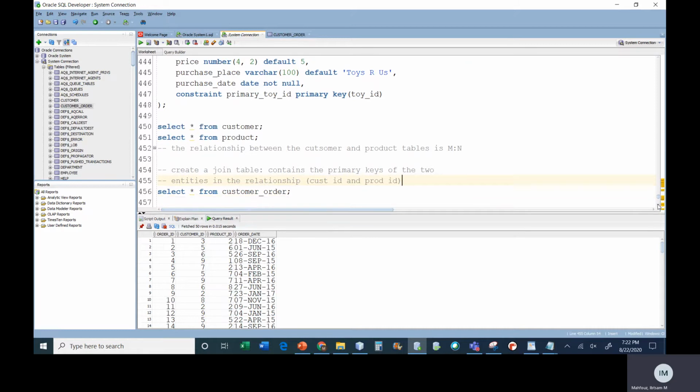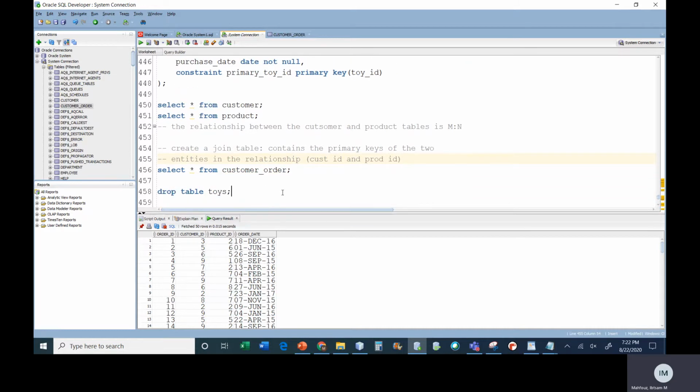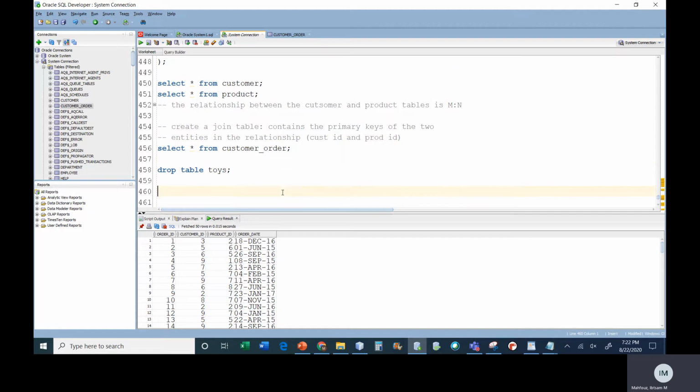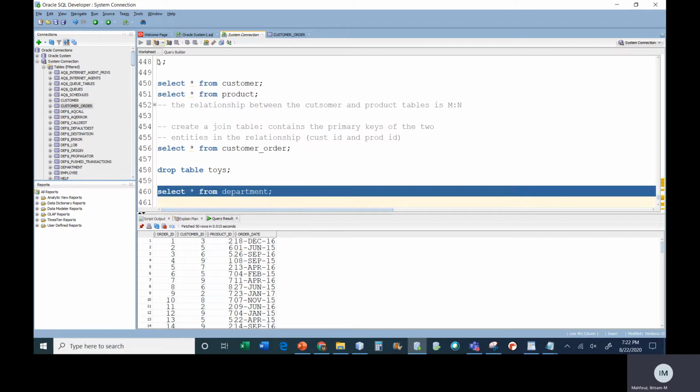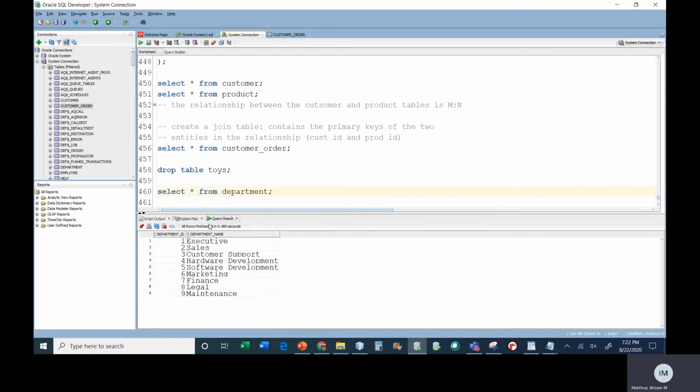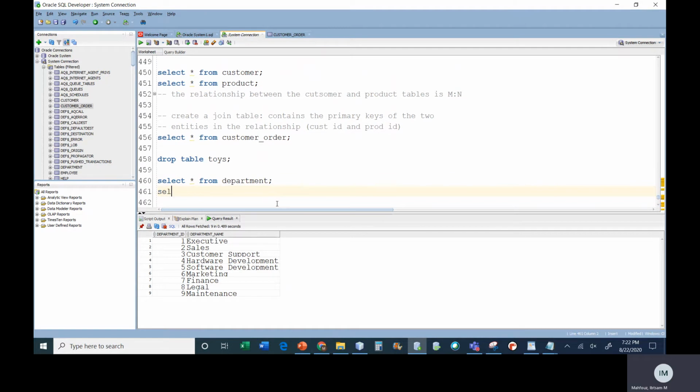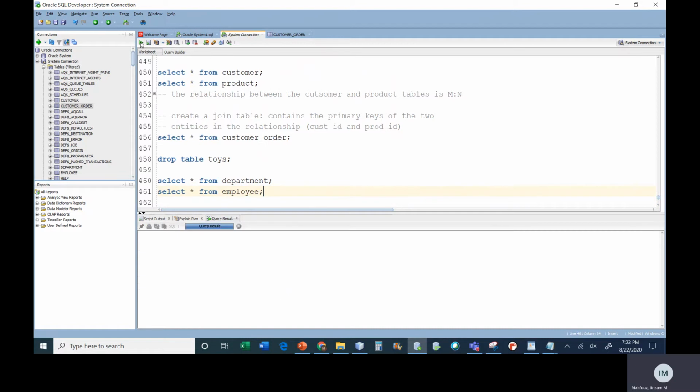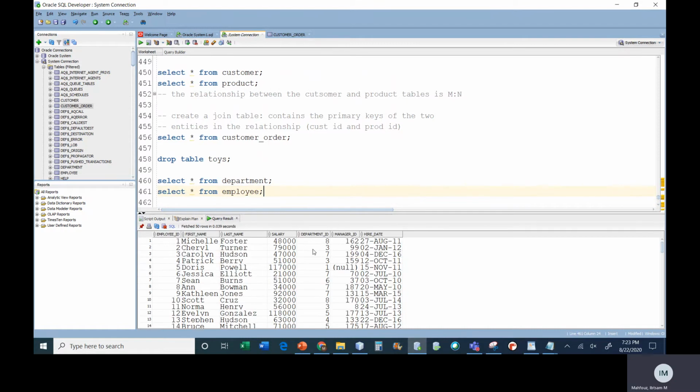Now, do we have an example of a one-to-many relationship? Yes, we do. Let's look at the department table. Here we have a table that contains all our departments. We see that it only has the department ID and department name, but if we look at the employee table, we will find that the employee table is storing the department ID.